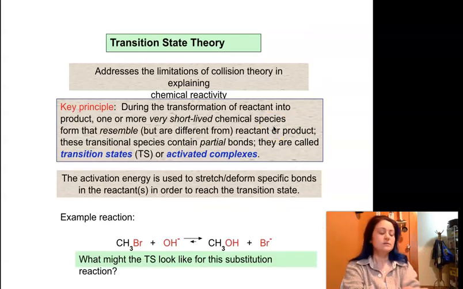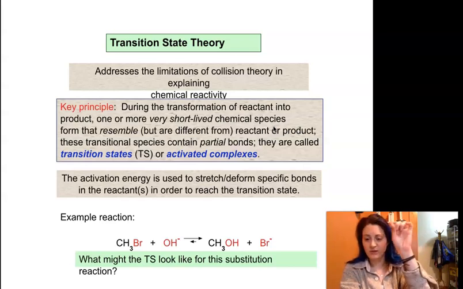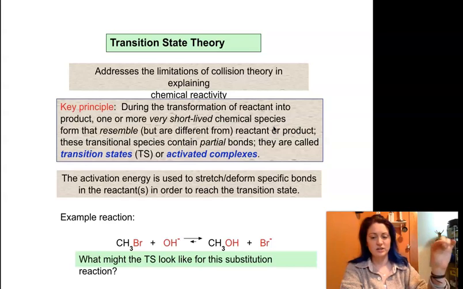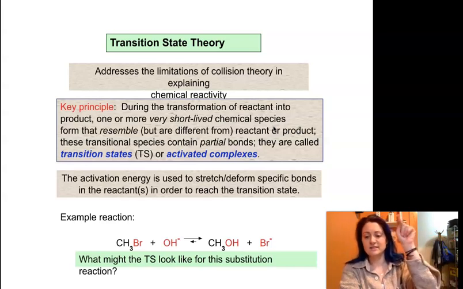All right. Now, the reaction takes place at what we call the transition state, or the activated complex. The transition state is the peak of the energy profile. So when you're on that reaction energy plot, the transition state is the climax, the peak.